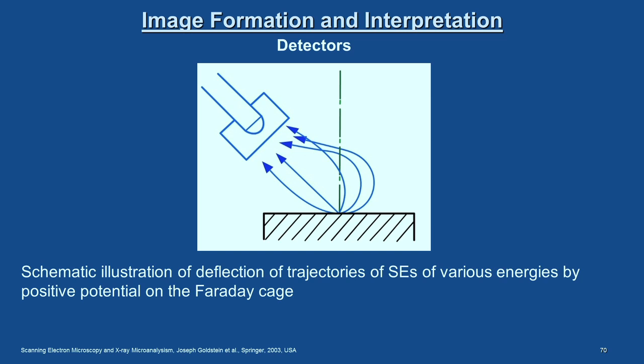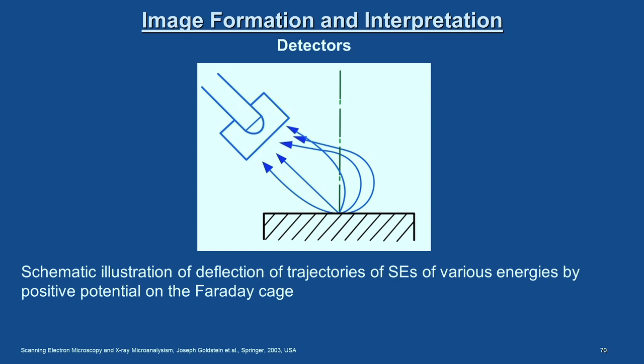For example, if the Faraday cage has a positive potential, it will deflect the trajectories of secondary electrons like this, and if it is a negative potential, it will collect only the backscattered electrons.